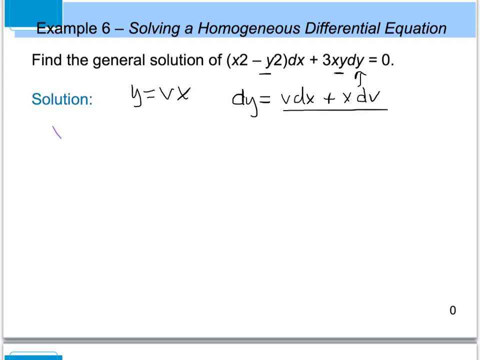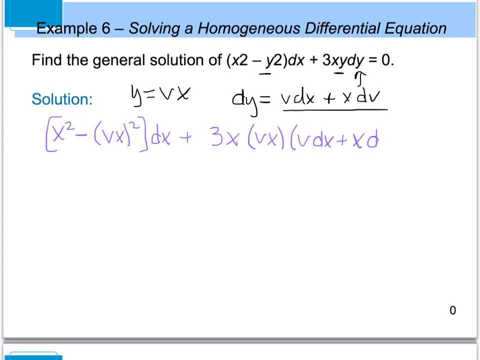So we end up with x squared minus y squared, which is now going to become vx squared, and all of this is times dx, plus 3x, my y is going to become vx, and my dy is v dx plus x dv.